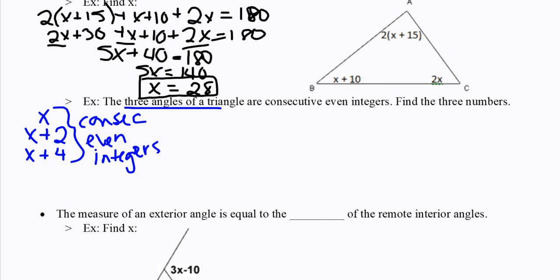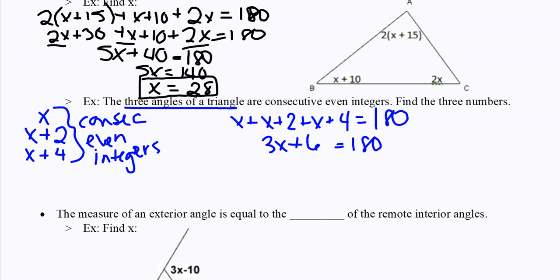Now, they're the 3 angles of a triangle, and so I know that if I add them up, x plus x plus 2 plus x plus 4, I should get 180 degrees. So combining like terms, 3x plus 6 equals 180. Subtracting 6 on both sides, 3x is equal to 174.